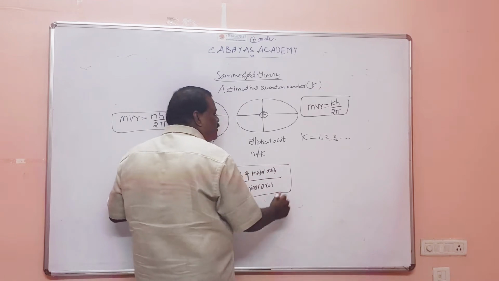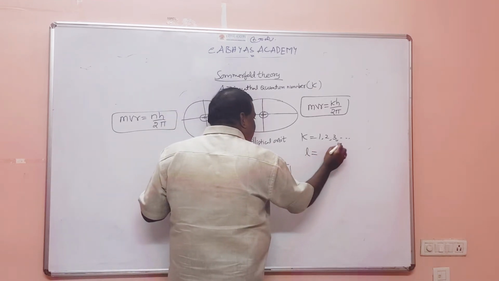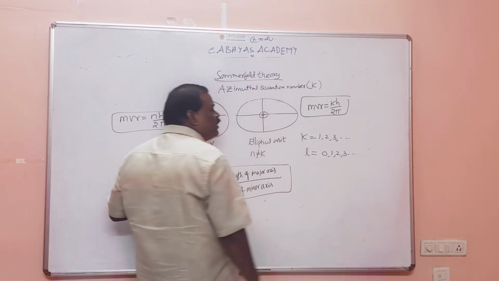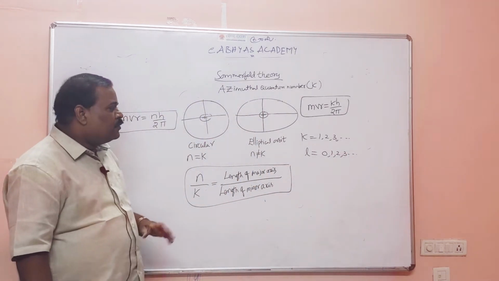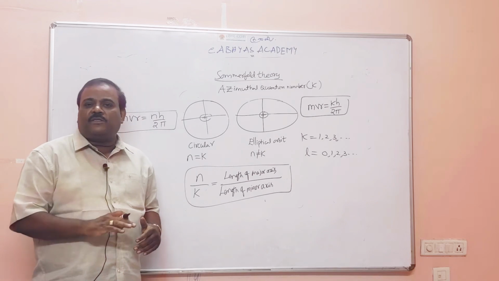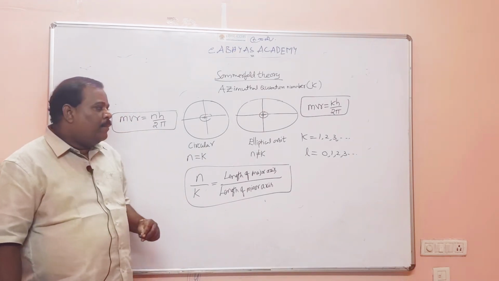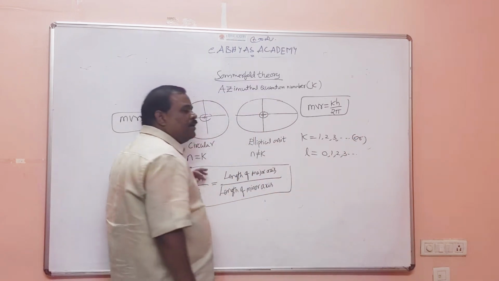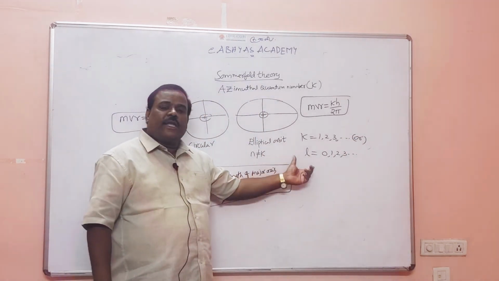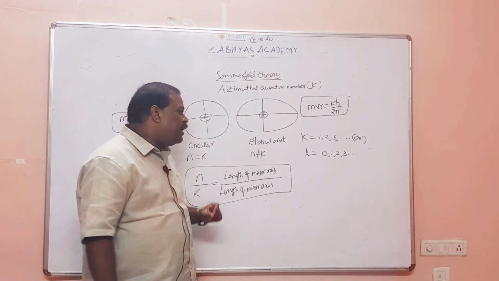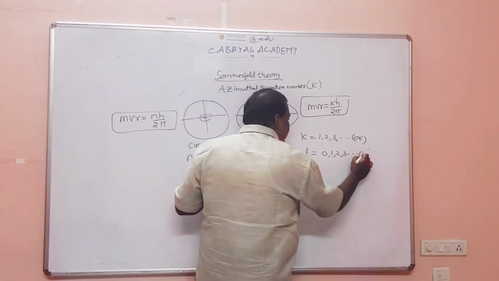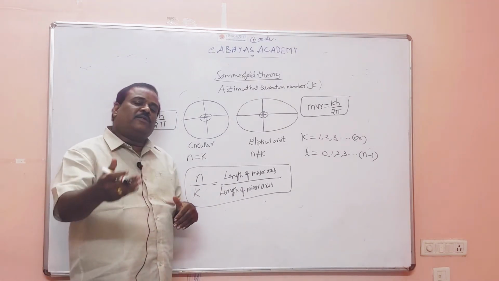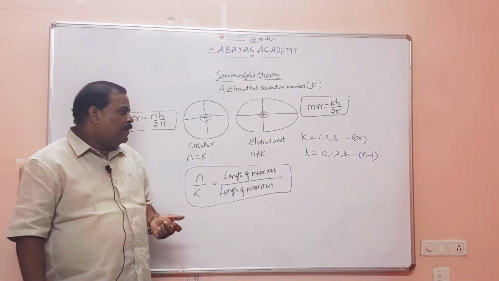Later onwards, it was changed as L, which can have values 0, 1, 2, 3 only. So K and L both represent azimuthal quantum number, but nowadays azimuthal quantum number has to be taken as L. The maximum value of L is n minus 1. K consideration is according to the old considerations.